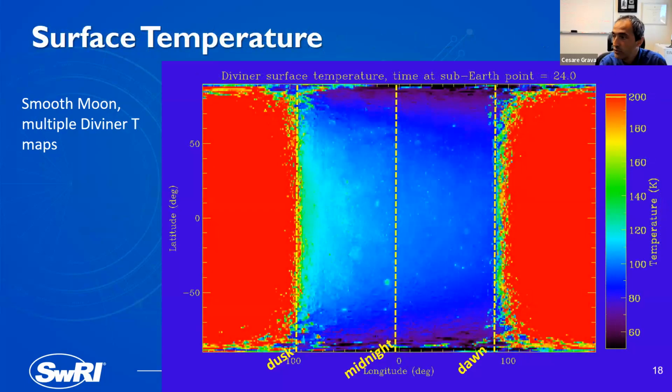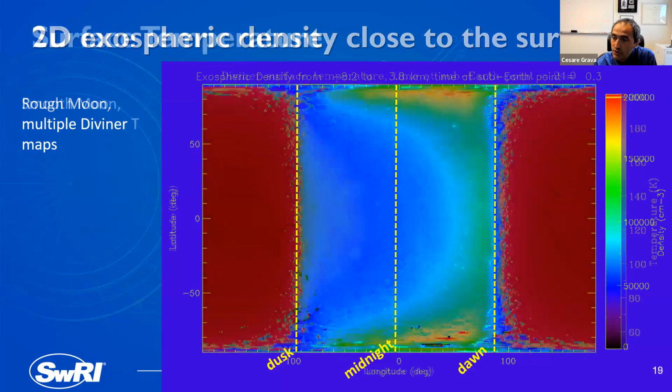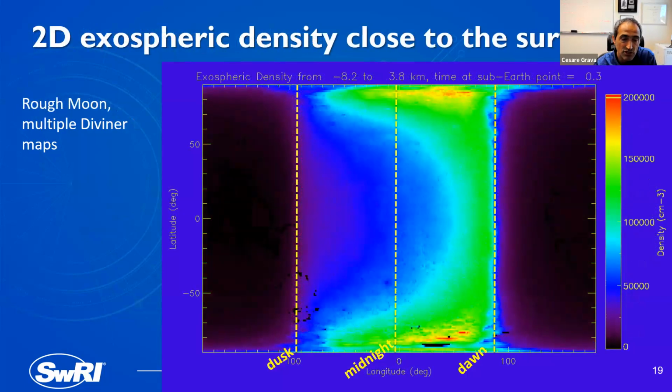And I also have a movie. Let me see. Okay, this is the one with the topography. There are really minor changes to the density, although you can probably see some effect of the craters here. But the overall structure is mainly dependent on the temperature, as expected.